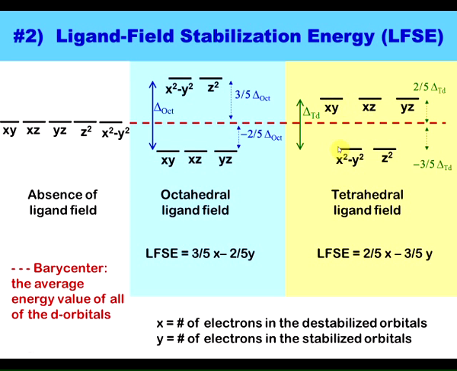And the xy, the xz, and the yz go up by 2/5 delta tetrahedral. So when you're talking about the ligand field stabilization energy, whatever value you calculate is multiplied by the delta value: delta tetrahedral for the tetrahedral complexes or delta octahedral for the octahedral complexes.